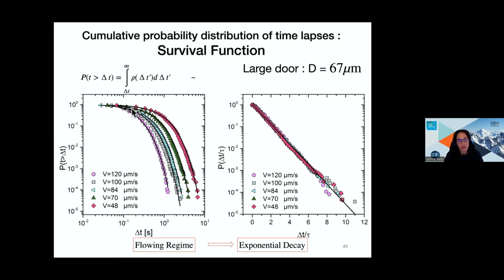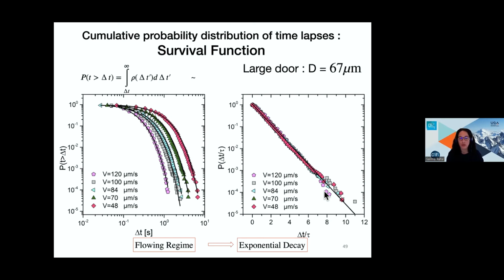In this case, because the door is large, this probability is exponential, as you see in the log plot, and the same rescaling time is used here for the different curves, different velocities. So this is, let's say, the boring case.